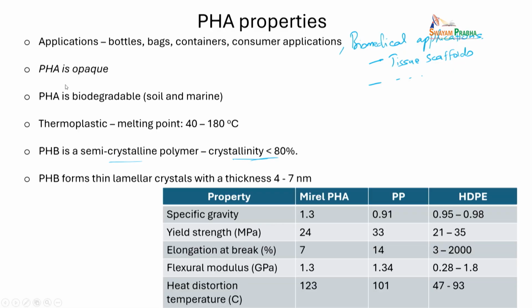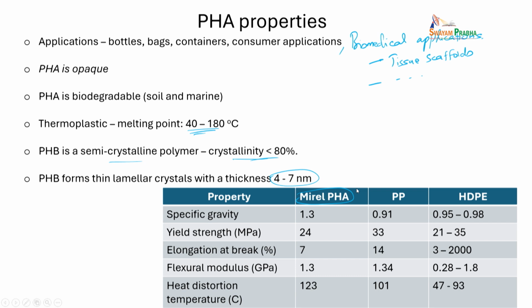It has a thermoplastic nature in the sense that it has a melting temperature anywhere between 40 to 180, because the range is so wide, because the polymers can have different copolymers, so it's very broad. And there are studies which say that it forms nice crystals, and the lamellar thickness can be anywhere between 4 to 7 nanometers.